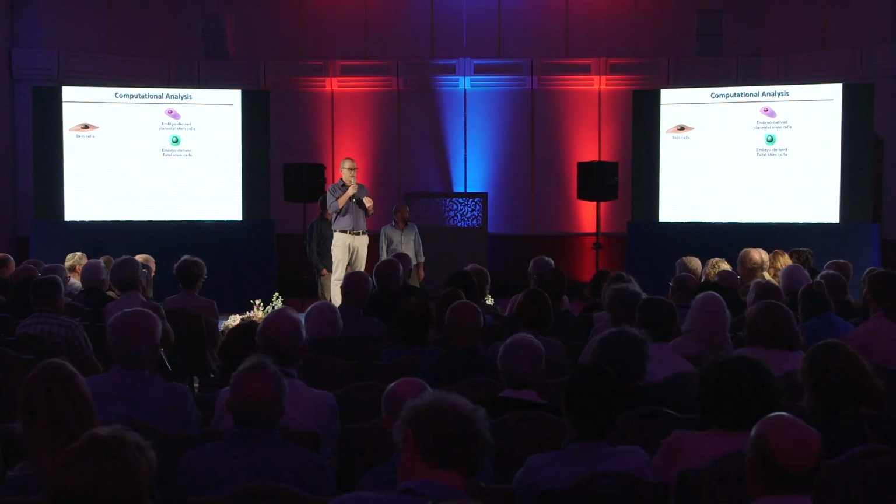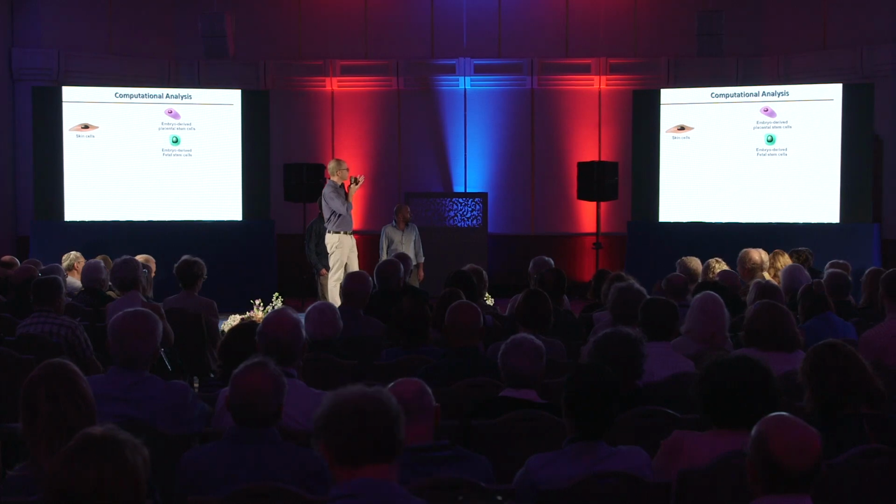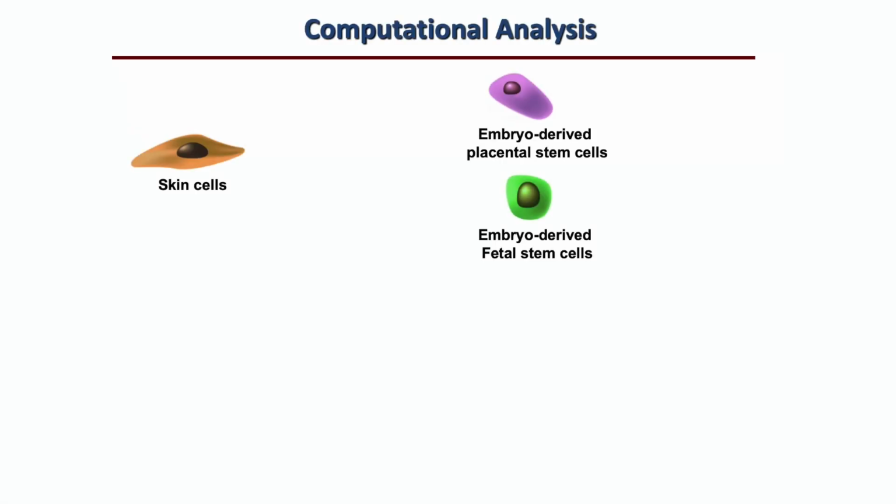So let me just try to bring you together back. So again, what we did, we had the skin cells, and then we have the embryo-derived placental stem cells and the embryo-derived fetal stem cells. So those are cells that we know make the embryo. And now we wanted to use genomics as some microscope that allows us to look at what's going on inside the cell.